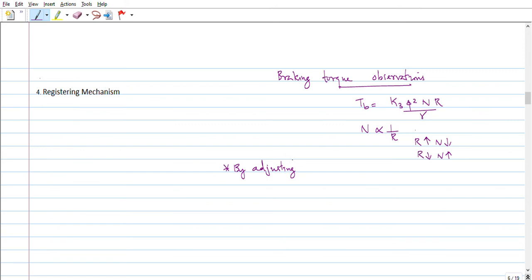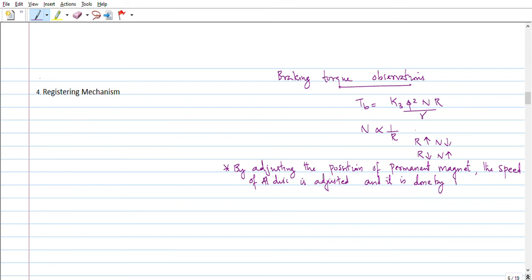By adjusting the position of the permanent magnet, the speed of the aluminum disc is adjusted, and it is done by the manufacturer.